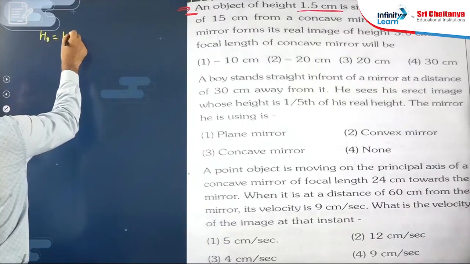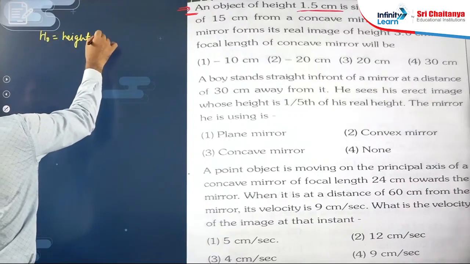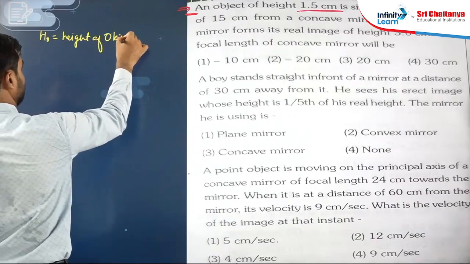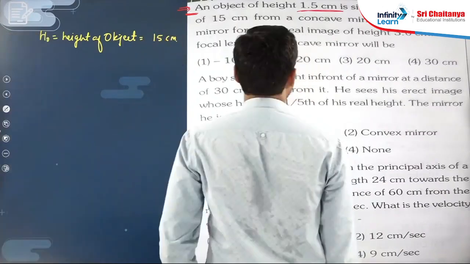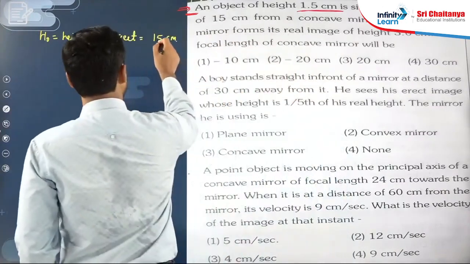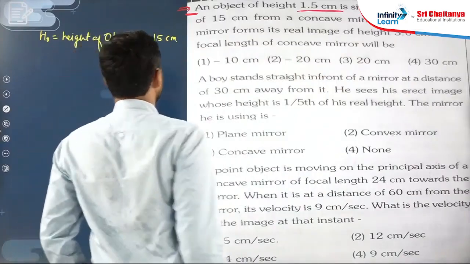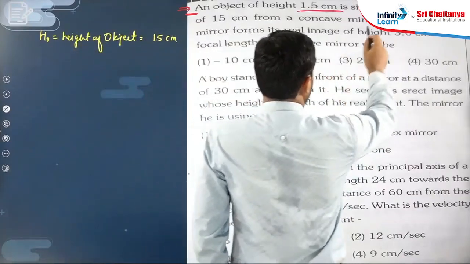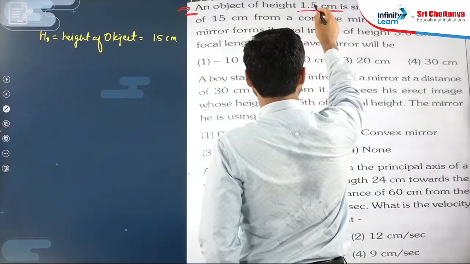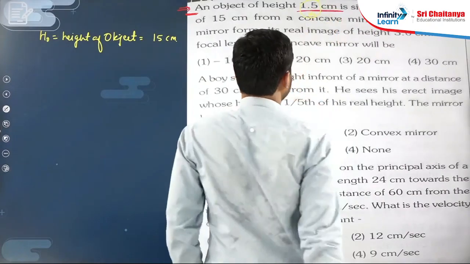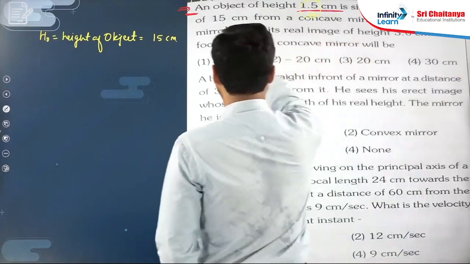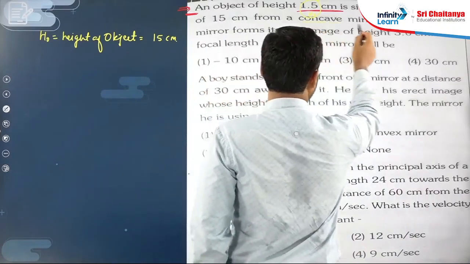HO means height of object, and it is given as 1.5 centimeter. It is situated at a distance of 15 centimeter from a concave mirror.